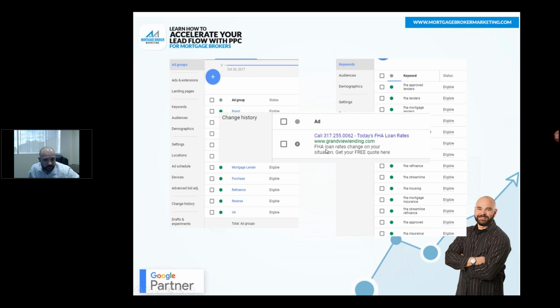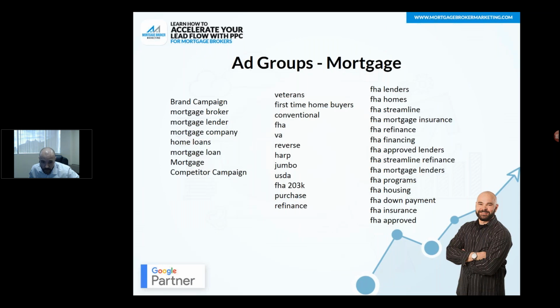Say they type in something about FHA. The ad's talking about FHA, what they typed in is talking about FHA, they see the ad and they get taken to the FHA landing page. Again, that's what the ad groups might look like with the keywords next to them.